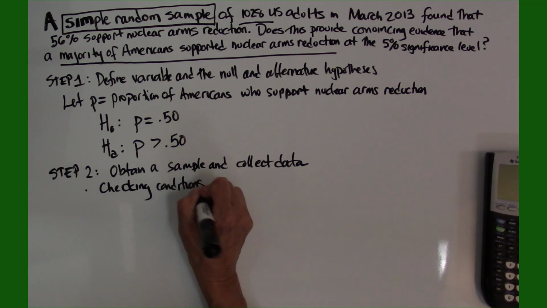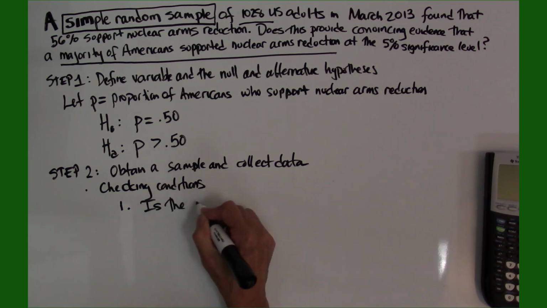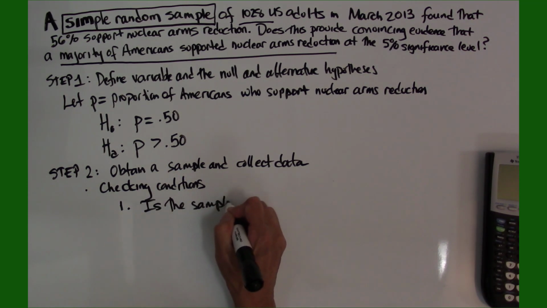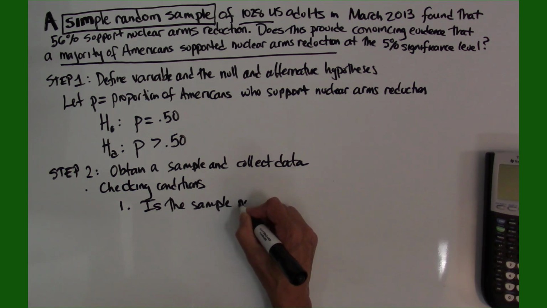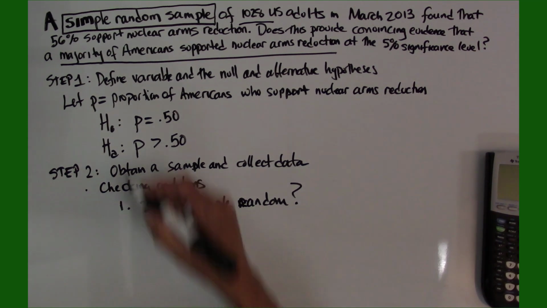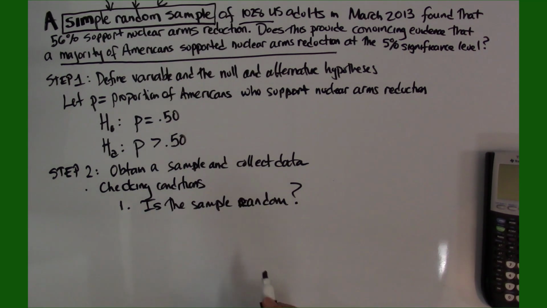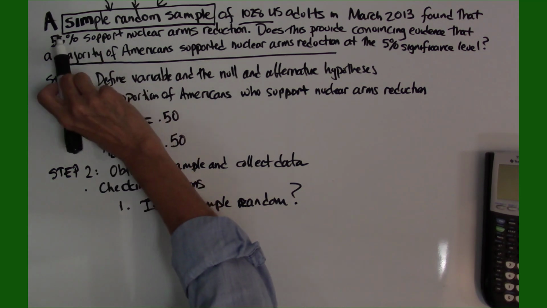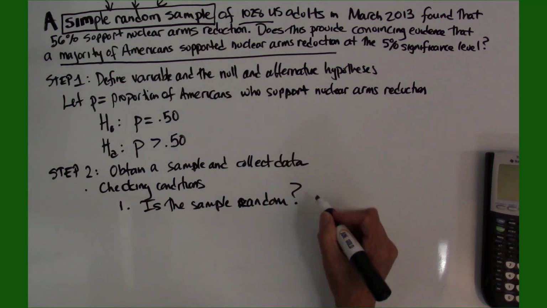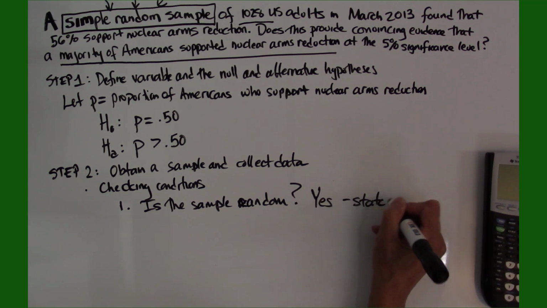We have 2 conditions we need to check. First, is the sample random? As you can see in the box here, it's stated in the problem that we have a simple random sample, so yes, that's stated.